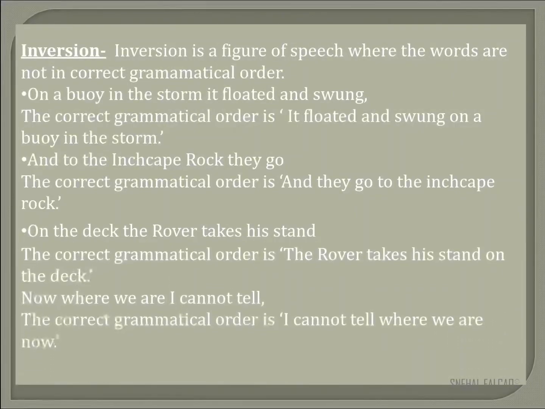The correct grammatical order is: the rover takes his stand on the deck. And lastly, now where we are, I cannot tell. In this line again, the grammatical order is incorrect. The correct grammatical order is: I cannot tell where we are now. These were the examples of inversion.